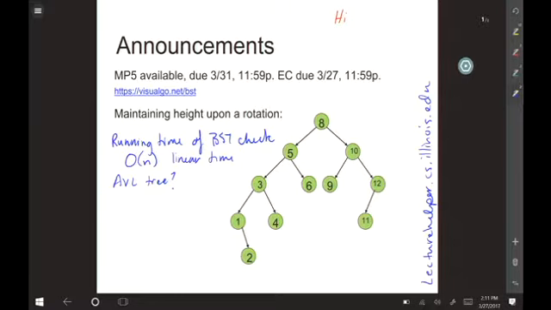Okay, so I want you to take your fingers on your piece of paper, not on my piece of paper, and put your finger on every node that is not the root of a balanced binary search tree or an AVL tree. Okay? How many fingers did you need?